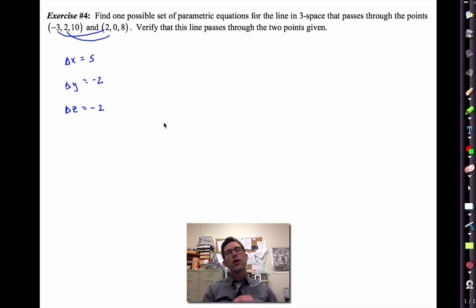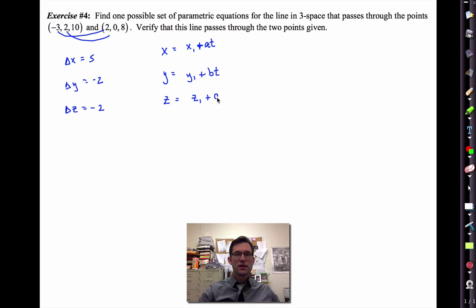Now back in parametric, when we were doing this in 2-space, remember, we always had equations that kind of looked like this. x1 plus at, y1 plus bt, and now what we're going to have is z1 plus, let's say, ct, where a, b, and c were some vector that just simply pointed in the direction that the line has to go.